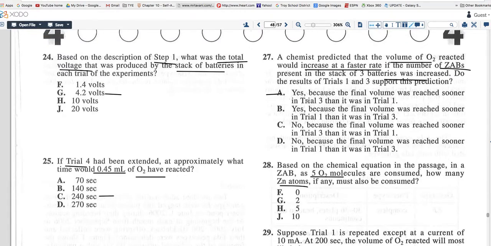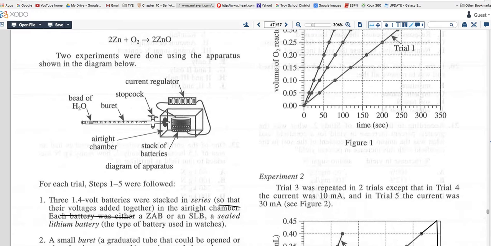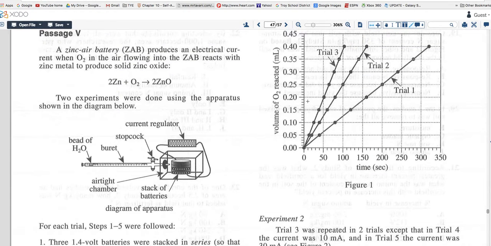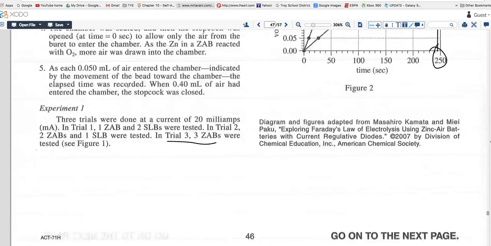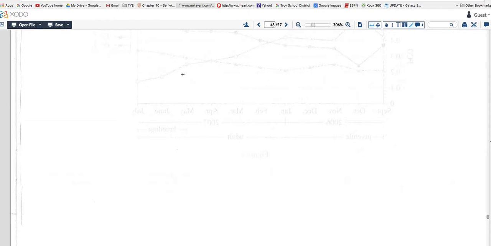Okay, so what they're saying is whenever you have a chemical equation, that O2 is 5. Brianna, explain it. Oh, okay. So you're just balancing the equation. So since it's 2 Zn to every 1 O2, if you have 5 O2, you would have that times 2, so it's 10 Zn. Good. So this is basically cross multiplication if you want it to be. I think that's easier for you guys to understand. Okay, let me start again.